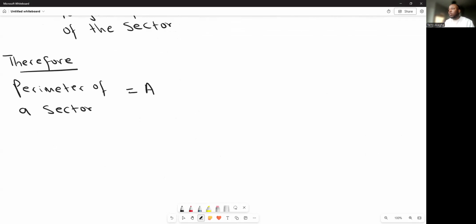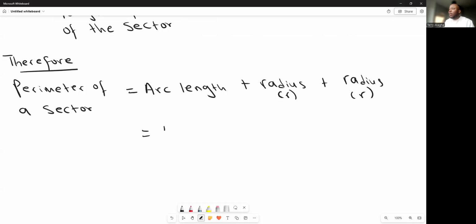The arc length plus the two radii. The radius, which is the r, and the other radius, which is also the r. So technically we can say it's equal to the arc length plus 2r.